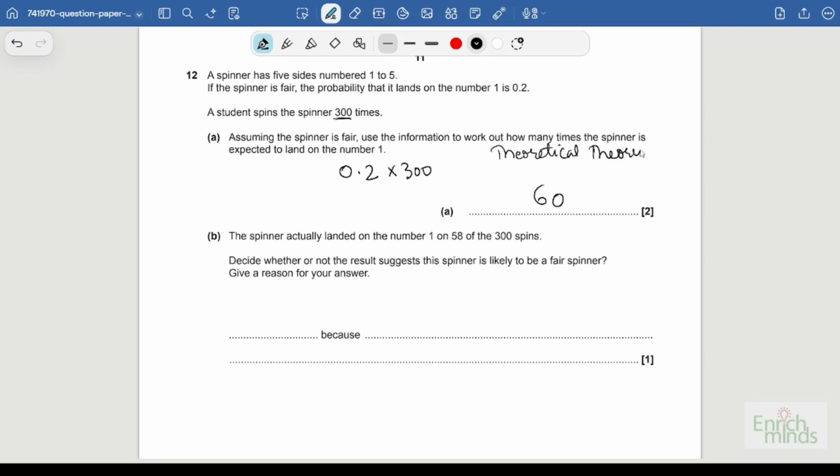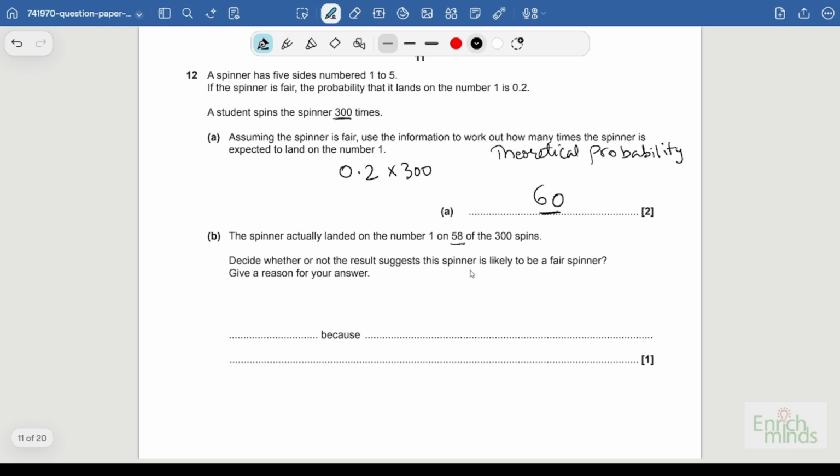So here we assume that this is the ideal case. But the thing we are getting in part B is the experimental, the actual probability when the student has actually spun it 300 times. So this is matching very closely to the theoretical probability.